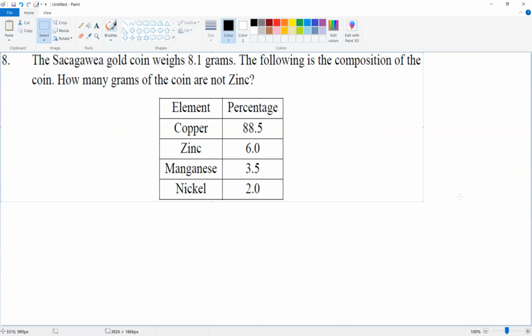Number 8, Nina. The Sacagawea gold coin weighs 8.1 grams. The following is the composition of the coin. How many grams of the coin are not zinc?